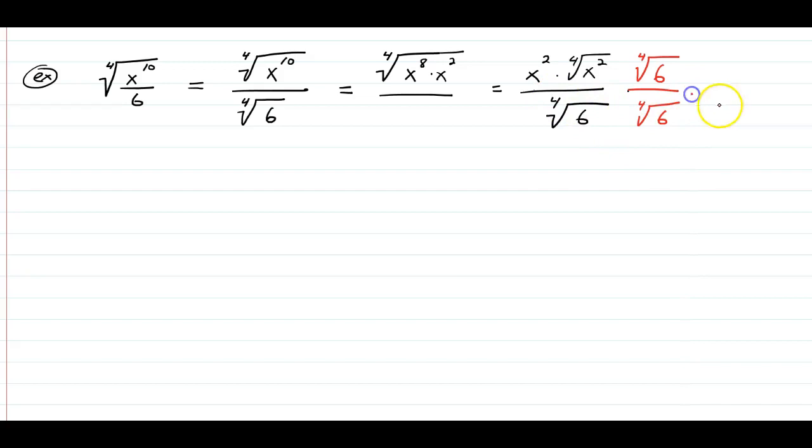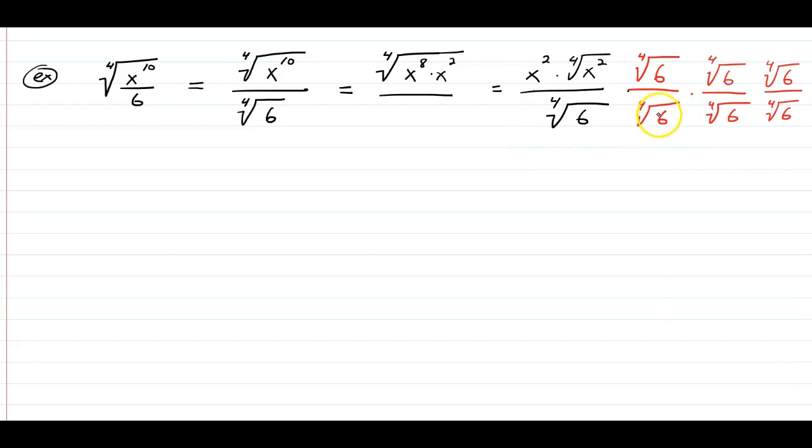So what happens is I actually need to multiply again. Now I have 1, 2, 3 6s. I have to do it one more time so that I have 4 6s on the bottom. So let's pause and look at this here.